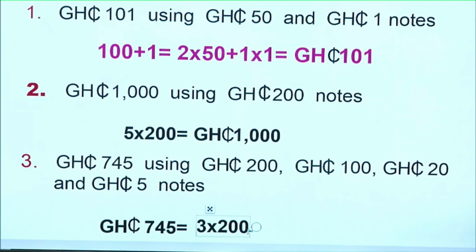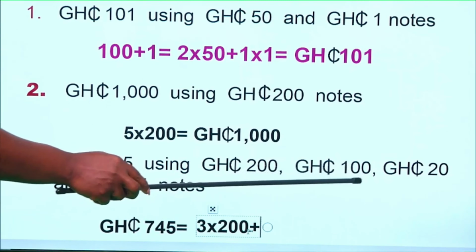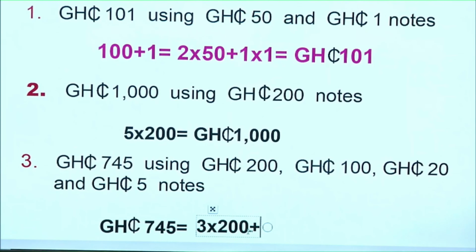Good. So 3 times 200 will give us 600. Yes, I'm not done. So I am left with 145 cedis. So I can use 1 of the 100 cedis notes. Yes, that is what I would do.